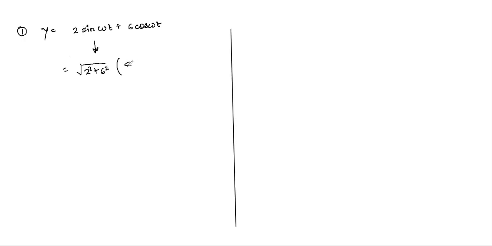And we have the formula sine of omega t plus phi. Therefore the amplitude is going to be, how much? Calculate and let me know. 36 plus 4, so under root of 40. Excellent. So this is basically 2 root 10, right? Yes, sir.